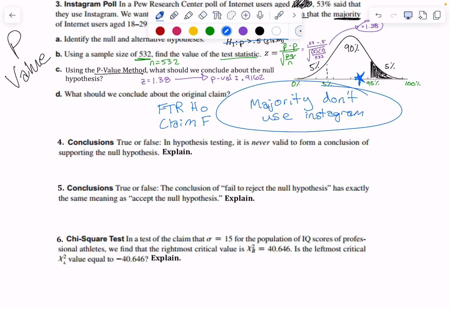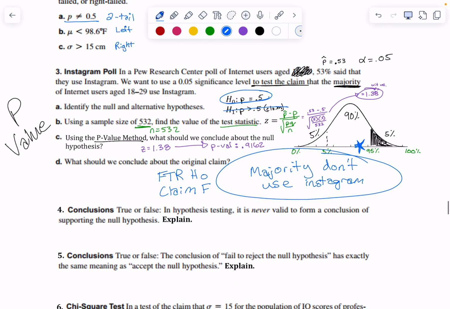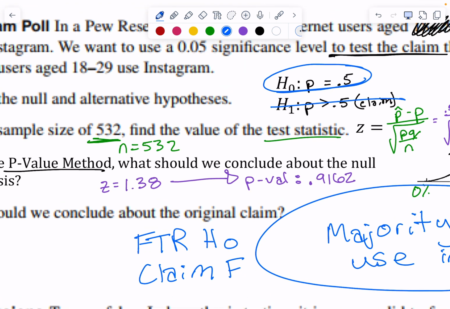All right, number 4. True or false? In hypothesis testing, it is never valid to form a conclusion supporting the null hypothesis. Can we say that the hypothesis is true? Kind of like on this last one. When we circled the hypothesis, what did we write for the hypothesis?